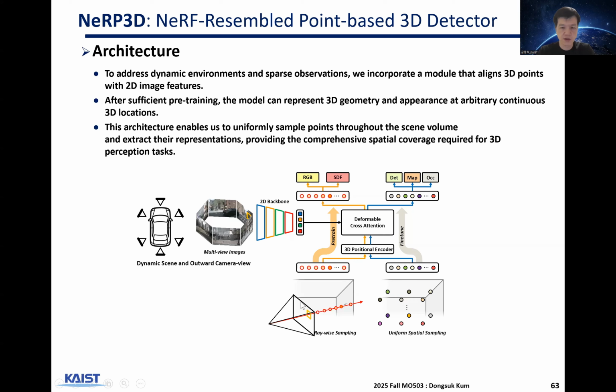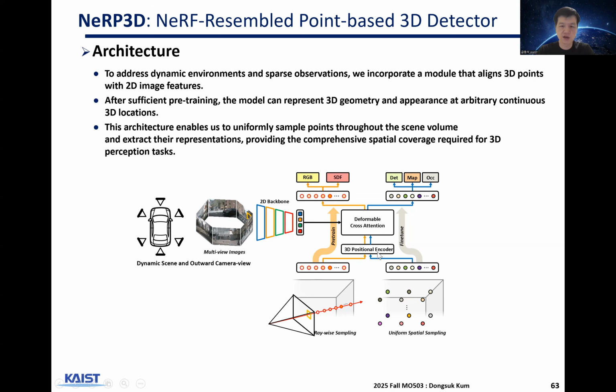So we have this 2D backbone feature, and then we use deformable cross attention, where for pre-training we use NeRF-type ray-wise sampling, and then learn RGB and depth.